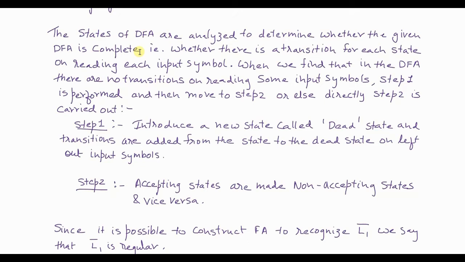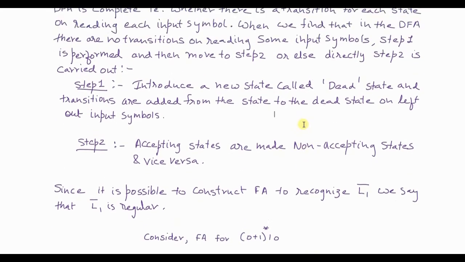Suppose transition on one particular input symbol is missing. If we find that in the DFA there are no transitions on reading some input symbols, then step 1 is performed, and after performing step 1 you go to step 2, otherwise you can directly go to step 2. Now what are step 1 and step 2?